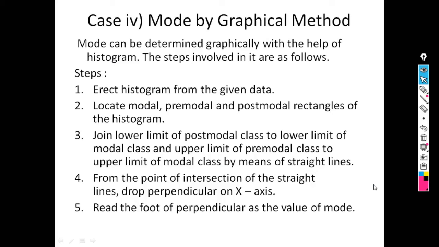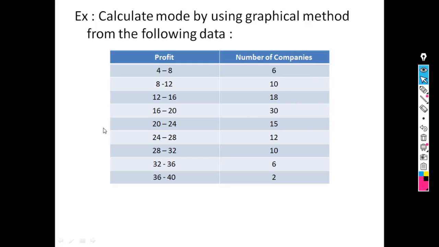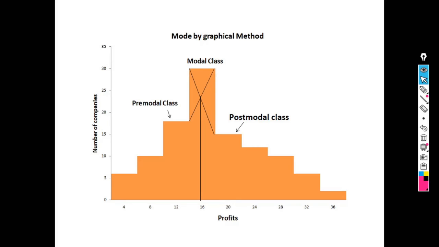Then the second step is locate modal, pre-modal and post-modal rectangles of the histogram. So modal rectangle means the rectangle which has the maximum frequency. So this is the rectangle which has the maximum frequency, so this is our modal rectangle or modal class.